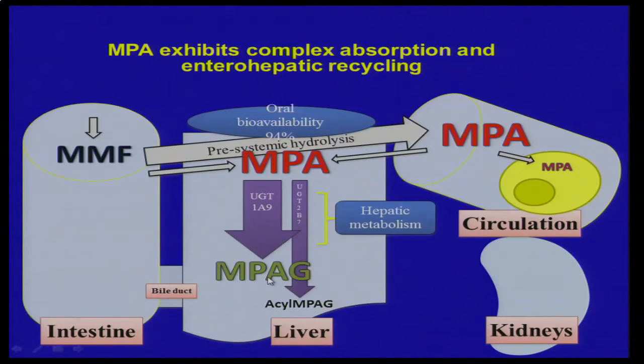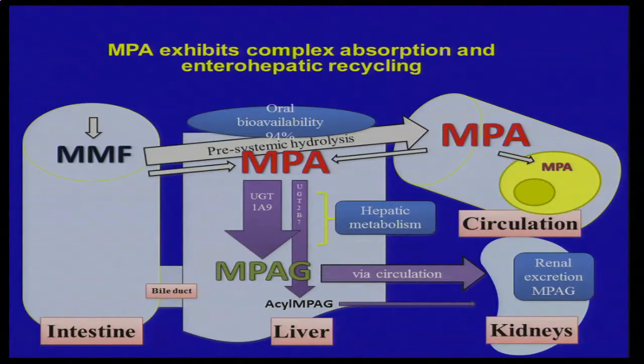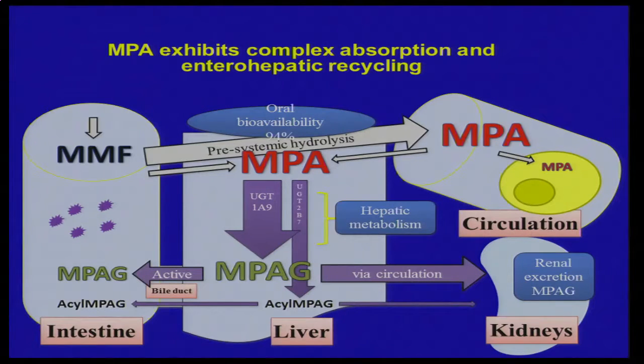However, the MPAG is renally excreted. That's fine, but MPAG also enters through the enterohepatic circulation, gets back into the gut, and through gut flora gets converted back to mycophenolic acid, and then enters the enterohepatic circulation.